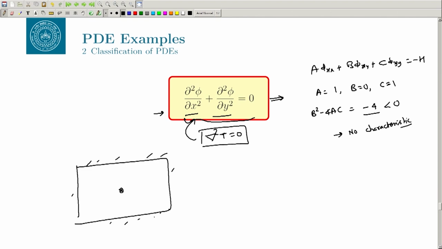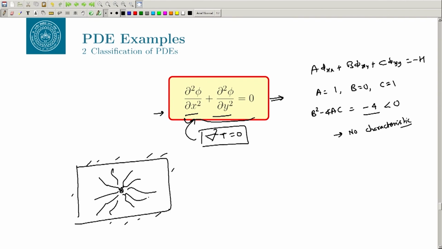As soon as you put a heat source, what will happen? There is no region around this along which the characteristic is defined. So, there is basically no discontinuity, so it will smoothly go in every direction, and it will only support the smooth solution, regardless of your boundary condition.